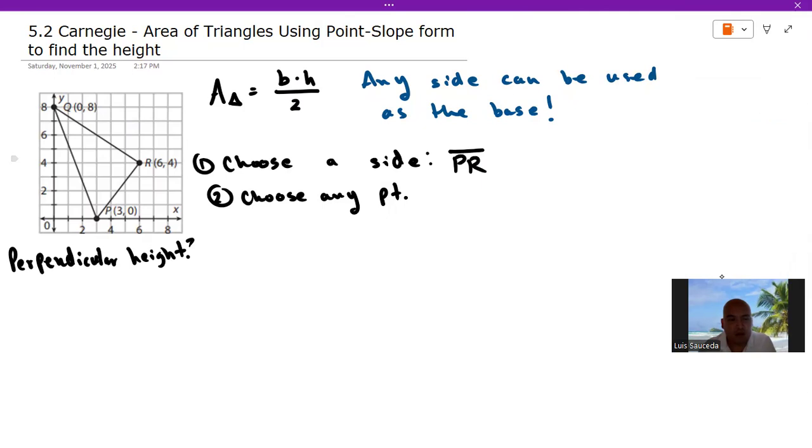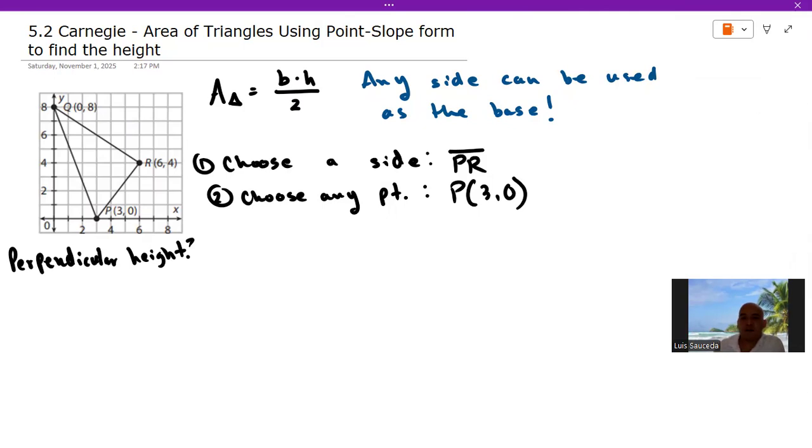It could even be P and R. I'd rather go for the smallest one because it makes the math a lot easier. In this case, for PR, I'm going to choose point P, which is (3, 0). That's the point I'm going to use because I need it for one of the next steps.